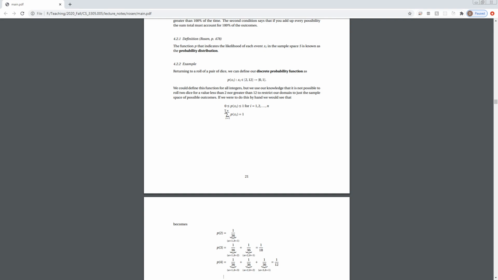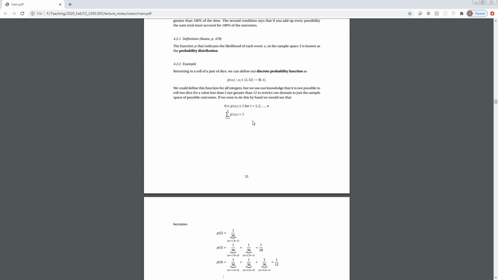And then, as before, if we add up this finite set of possibilities, those probabilities add up to 1.